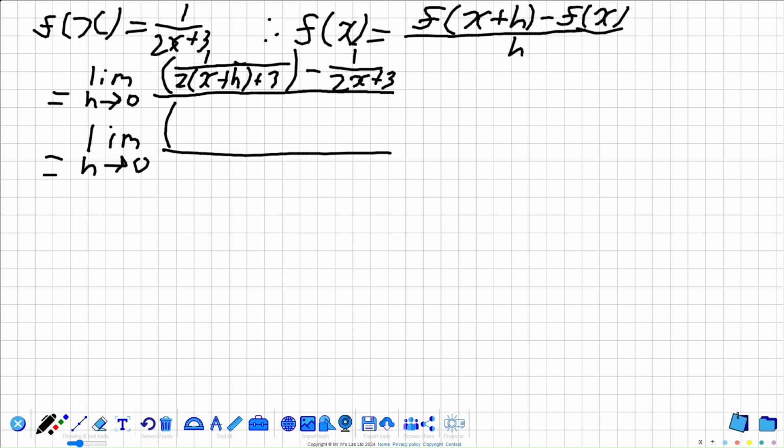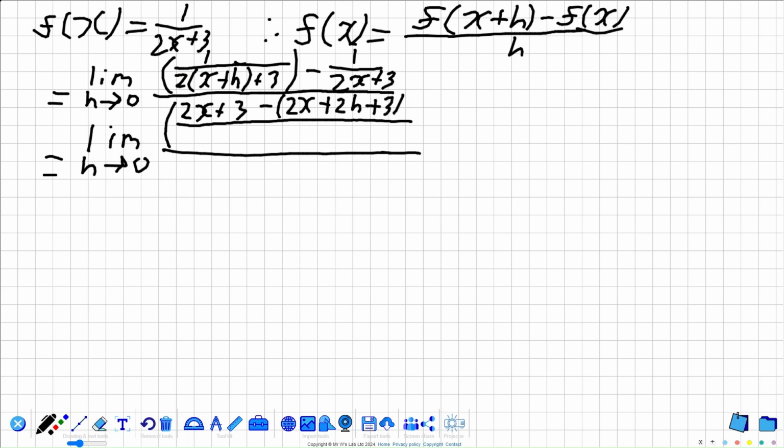Big bracket here, we're going to have 2x plus 3, and this is just going to be a really big bracket like that, and then it's going to be minus 2x plus 2h plus 3, like that, which is just expanding that, I should say.